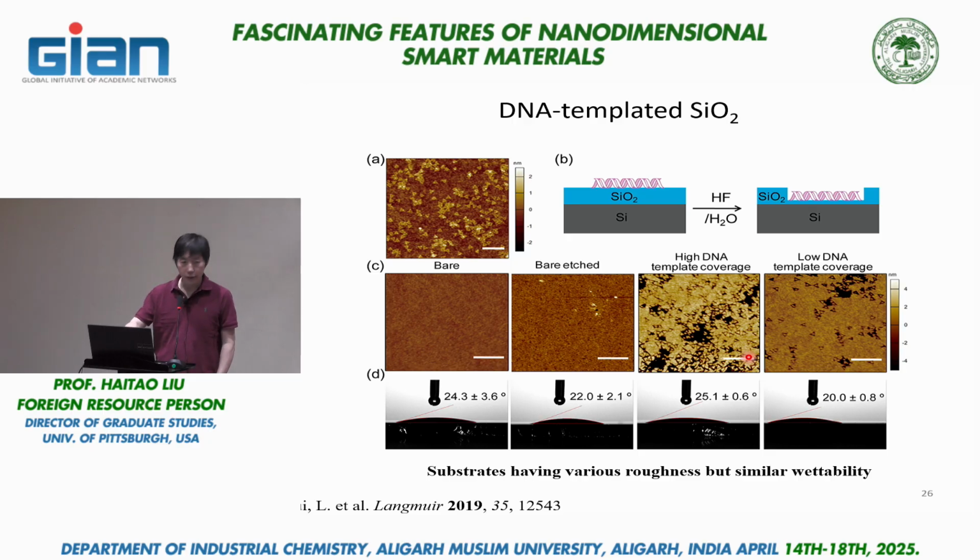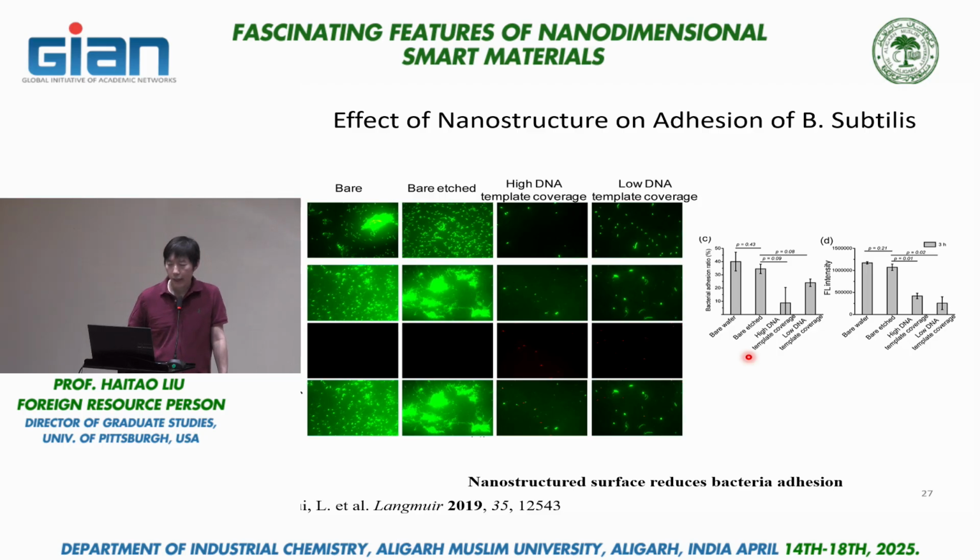What you see here are certainly different degrees of surface nanoscale roughness. What we find is that a rough surface at the nanoscale produces less adhesion of bacteria. This is, again, nothing new. People know this already.